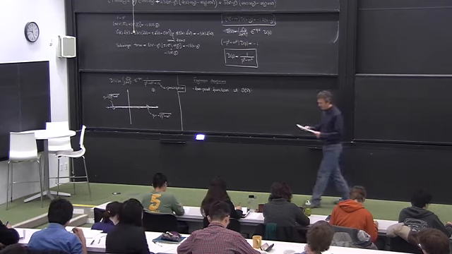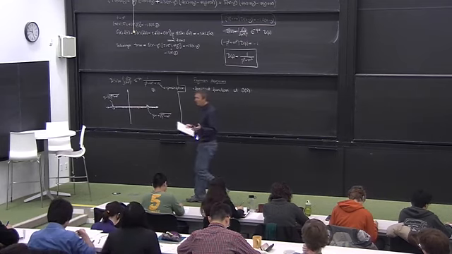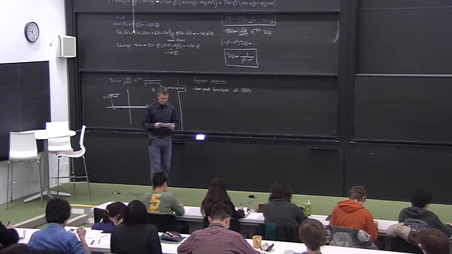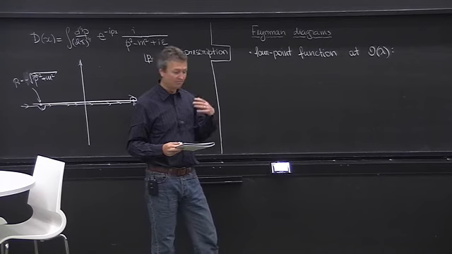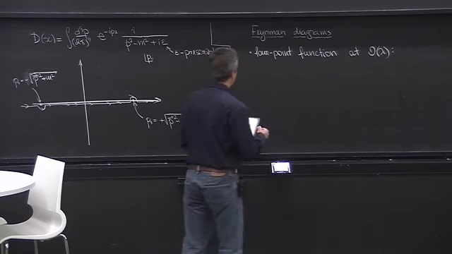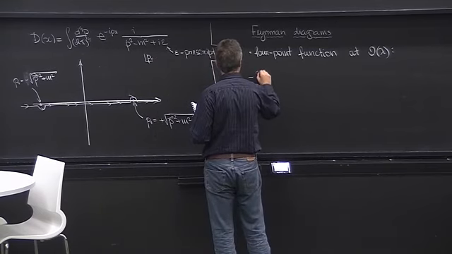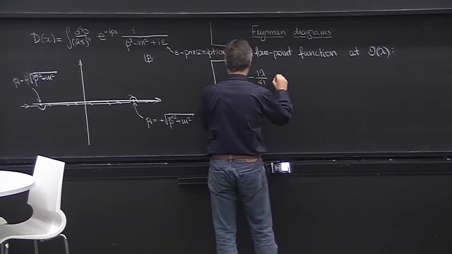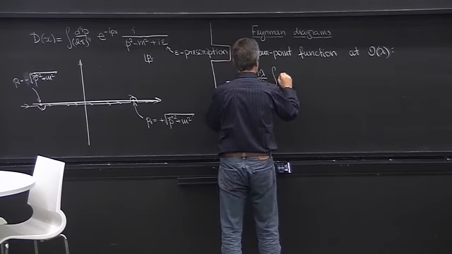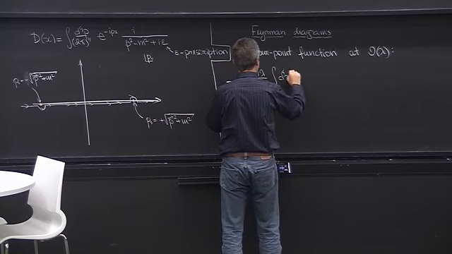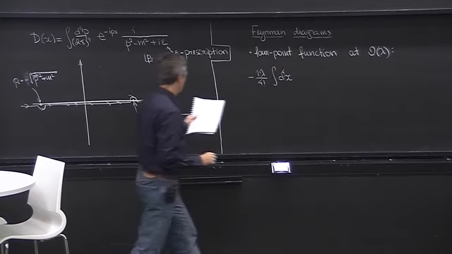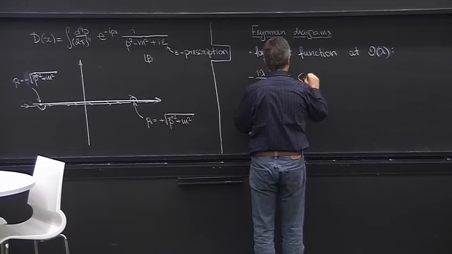This exponential contains the integral of the interaction Lagrangian. At the leading order, when we expand the exponential to the first order in lambda, we will have just one interaction Lagrangian integrated over space, and here we'll have the Green's function.